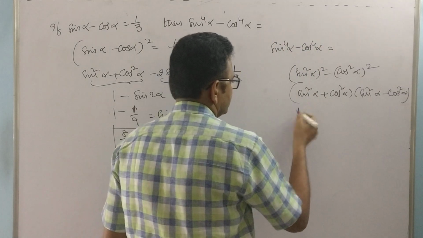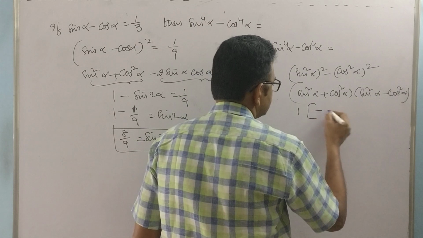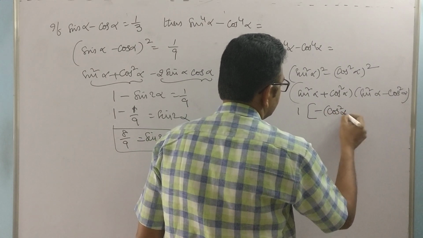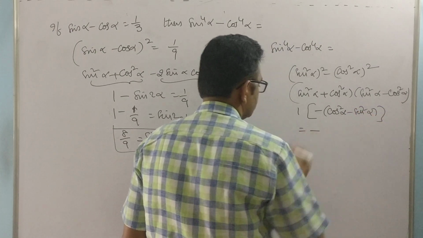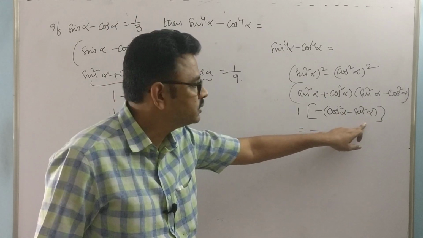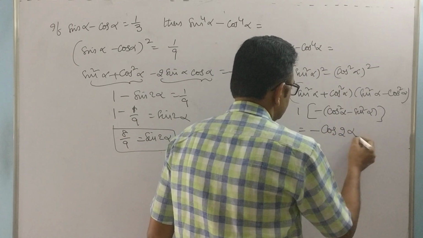So it is 1. And in this if you take minus common, this is cos square alpha minus sin square alpha, that equals minus cos 2 alpha. This is cos of 2 alpha.